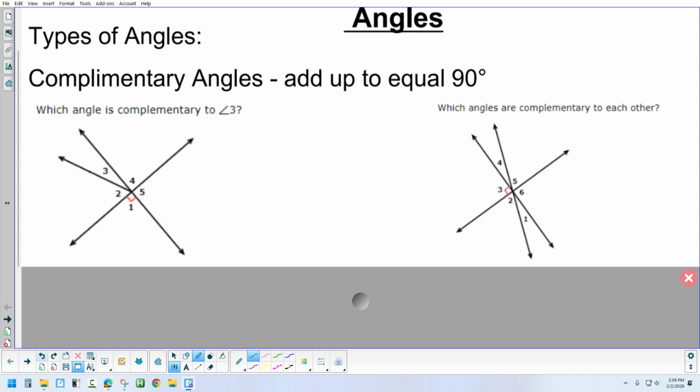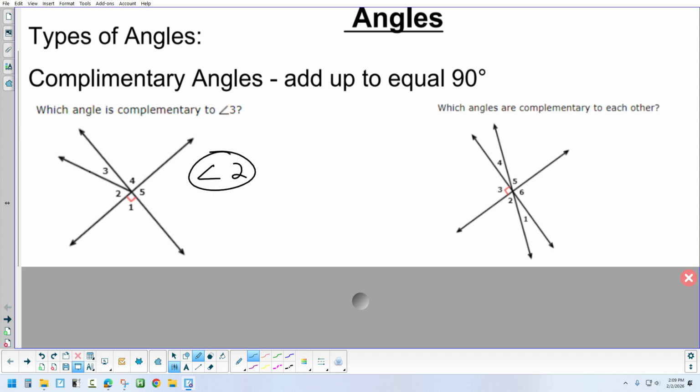So the answer to the first one is angles 2 and 3 together are complementary. Does anybody see what other 2 angles are complementary here besides 2 and 3? Actually, I take that back. There aren't any. They're supplementary, but not complementary.